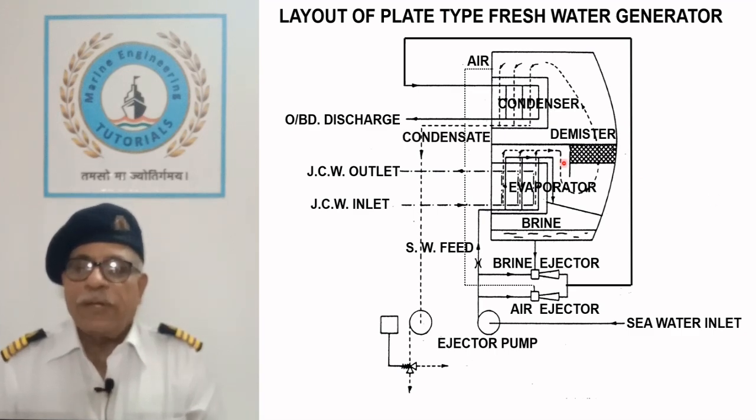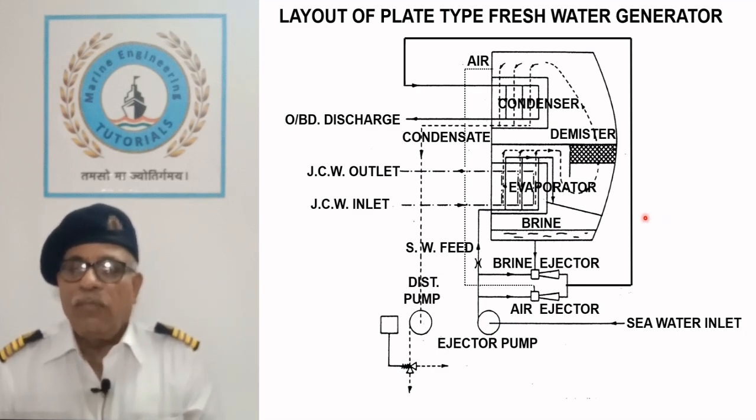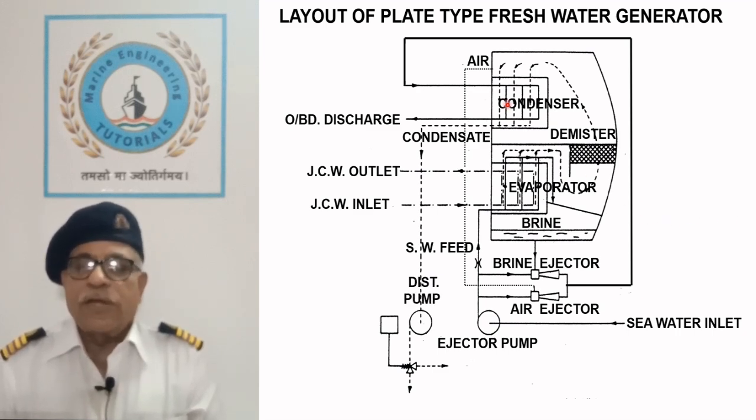The evaporated vapors pass through the demister and get condensed in the condenser shell. When condensate level is visible in the side glass, distillate pump is started and condensate level is manually controlled.